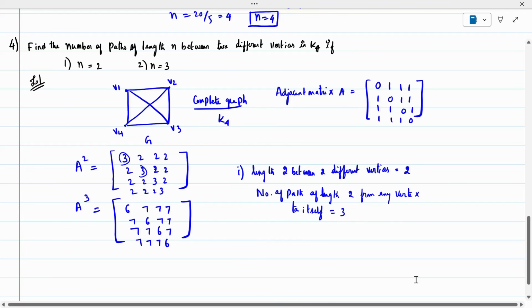Everything on the diagonal, from its own vertex, is 3. The remaining everything is 2. So that only is written.